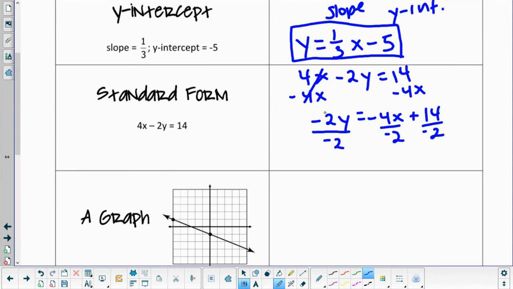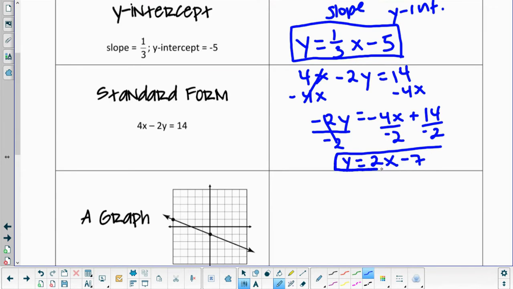Okay, so when I divide everything by -2, I get y equals -4 divided by -2 is positive 2x. And then 14 divided by -2 is -7. So my equation would read y equals 2x minus 7.